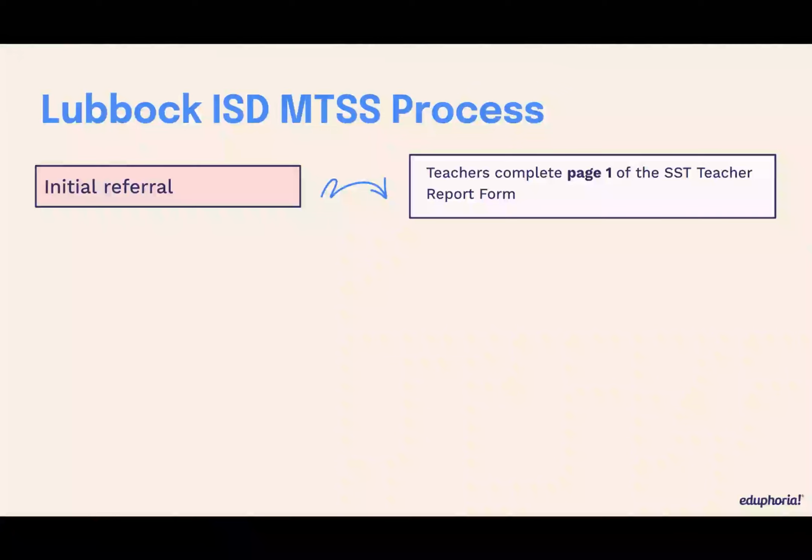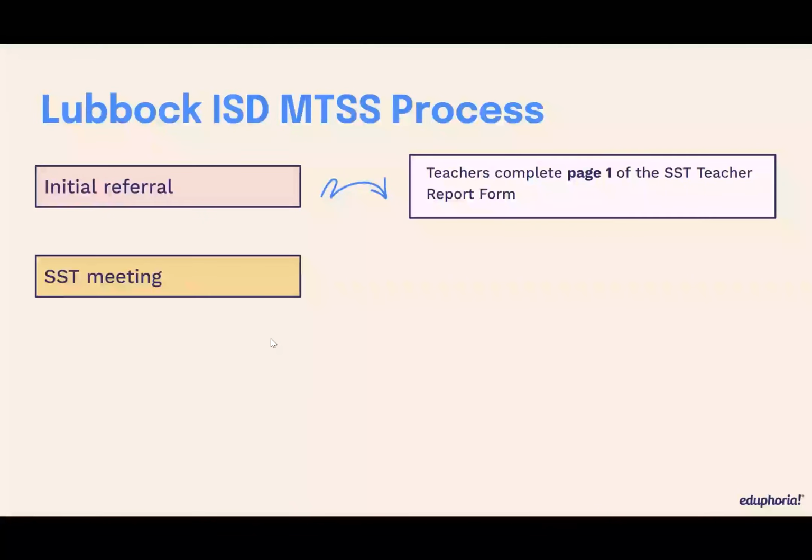But we have teachers complete what we call the teacher report form. It's not lengthy. In fact, we have worked very hard to make our process more streamlined and less cumbersome for teachers through the years. But it does capture quite a bit of information that will then be used for what we call a student support team meeting after that document is completed.